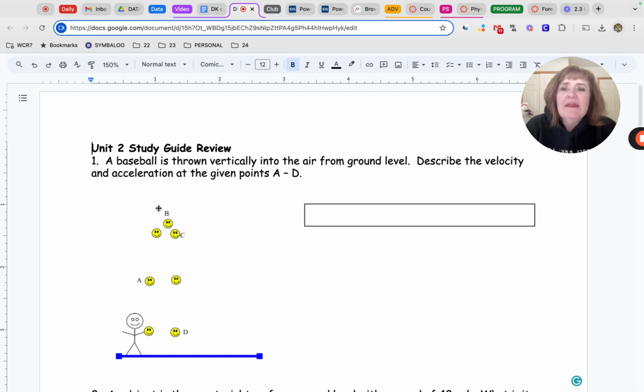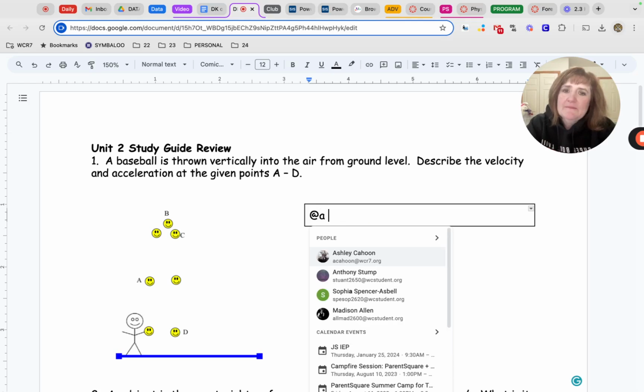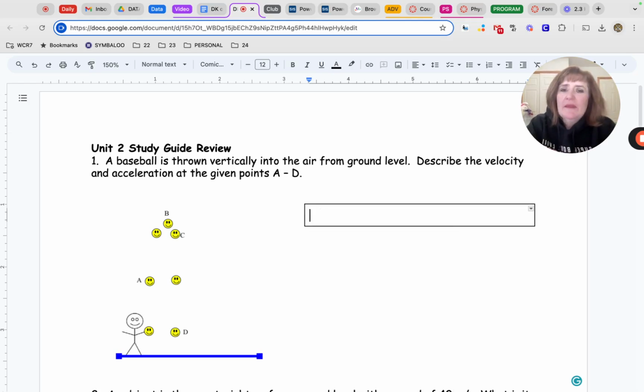Notice point A, B, C, and D. At point A, the velocity is positive, the acceleration is negative.